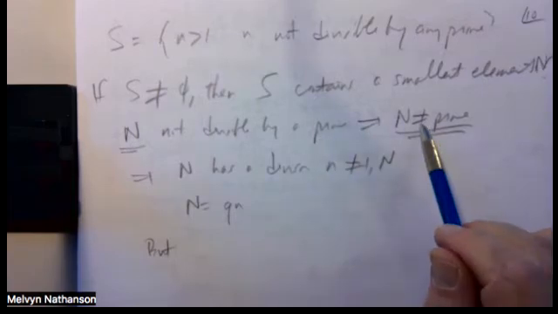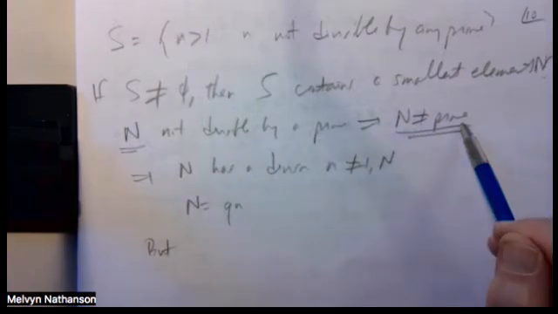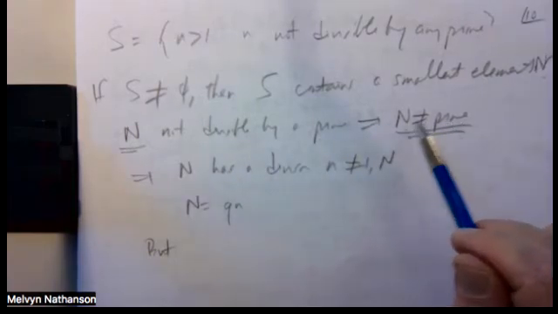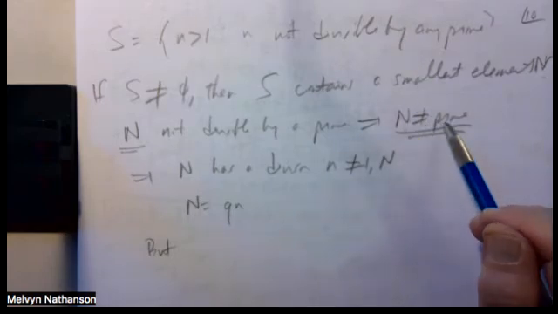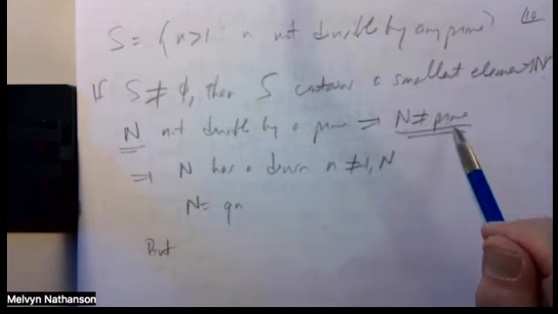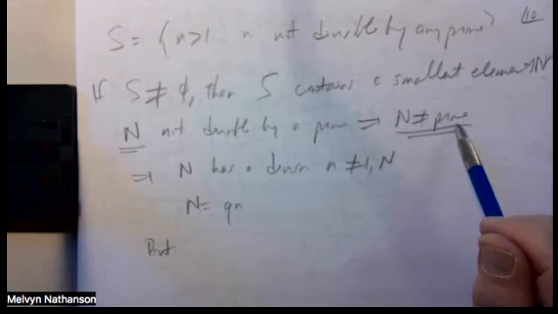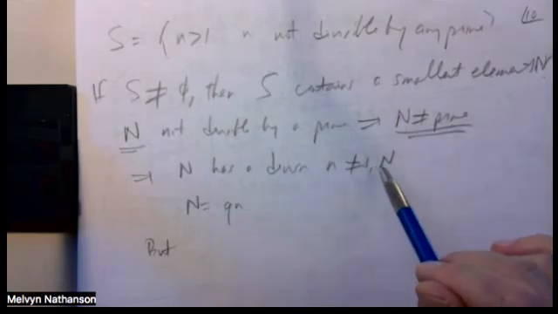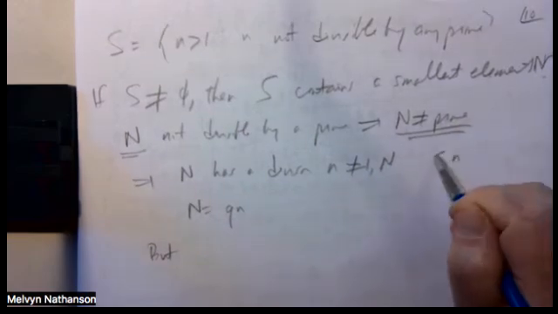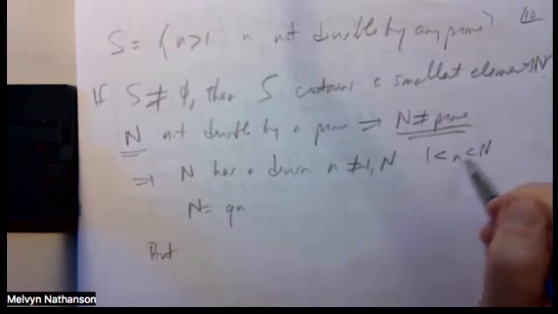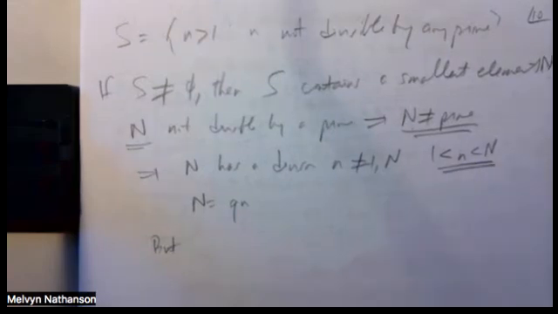But every number divides itself, so capital N is not a prime, right? Because if N were a prime, it would divide itself, and it wouldn't be in that S. So it's not a prime. And what is the definition of a number that's not a prime? It's a number that has a divisor different from itself and 1. That is, there's a divisor little n, which is strictly between 1 and capital N.